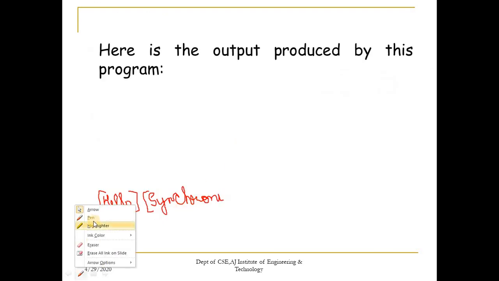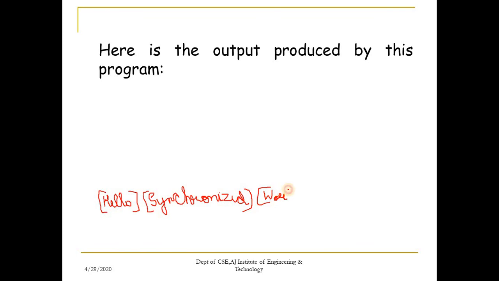Then the second thread had to finish its execution completely. After that the third thread had to execute. So this was how the actual output had to come.